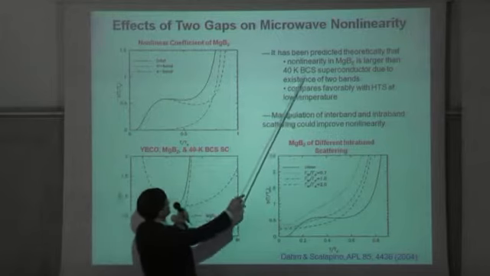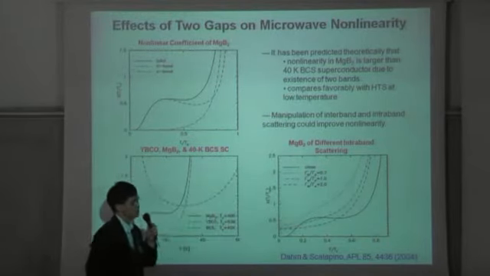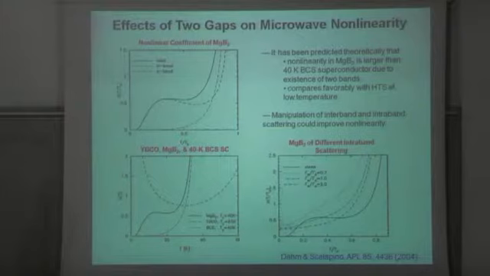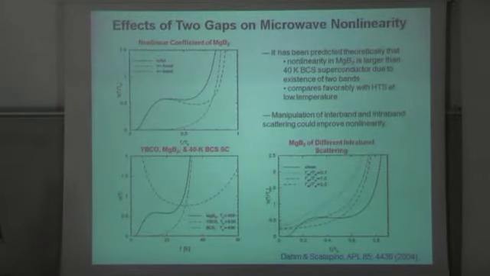The conclusion is that having two gaps actually is not good for the nonlinearity of these materials, and it's larger than a superconductor, let's say, with one single gap of 40 Kelvin. So if you look at this plot, this parameter B represents the nonlinearity as a function of temperature.